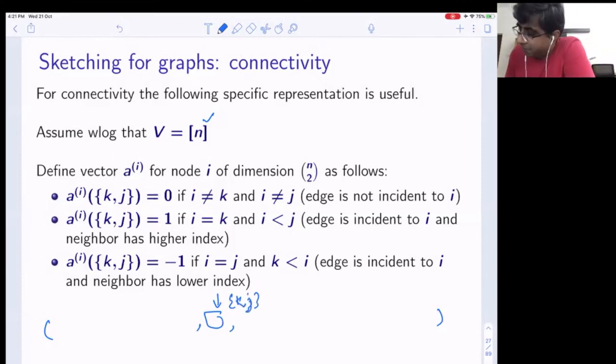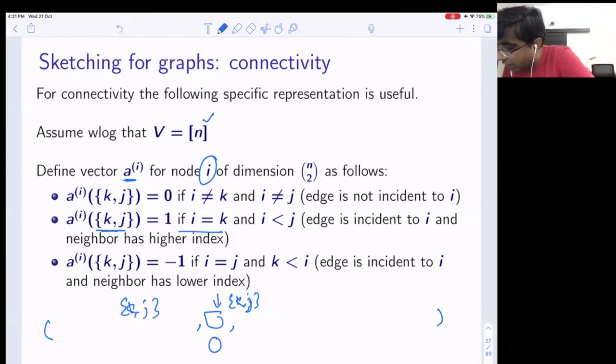Now, if I am writing down the vector for node i, and neither k nor j is equal to i, then they are not edges incident to i, so I put 0. Now let's consider those k, j where one of them is equal to i. Suppose i is equal to k, and i is less than j.